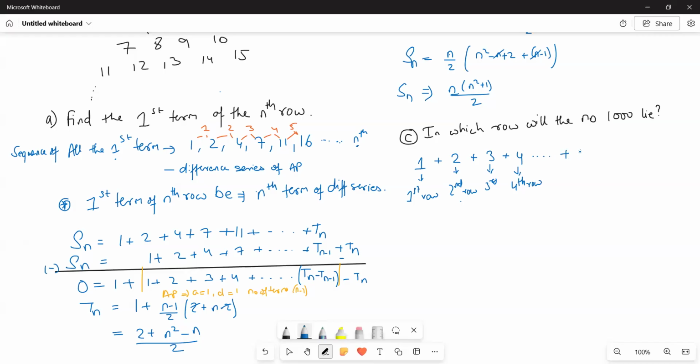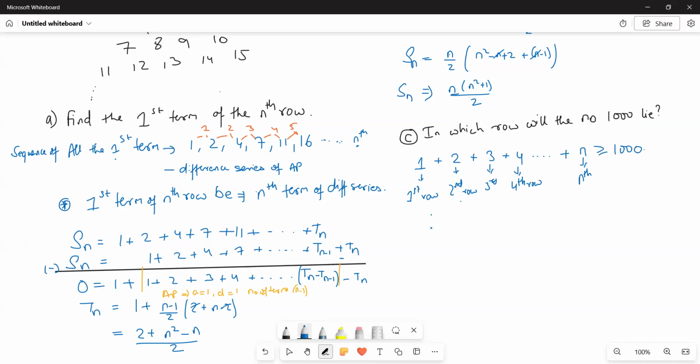And in this way, the nth row will have covered itna terms. And if this value is greater than or equal to 1000, we want this value to be greater than or equal to 1000.